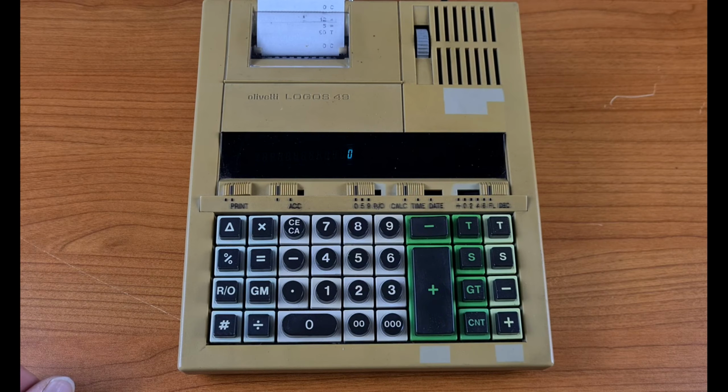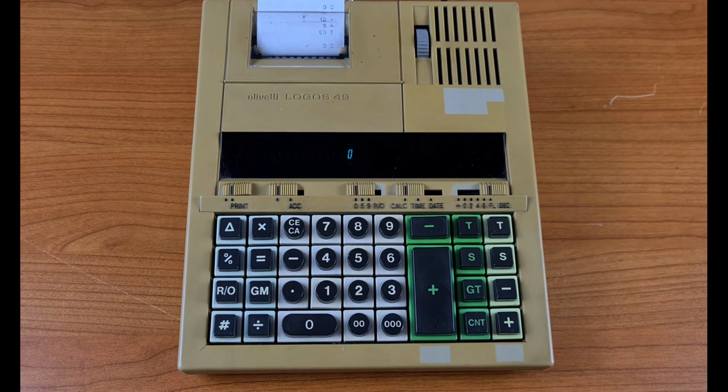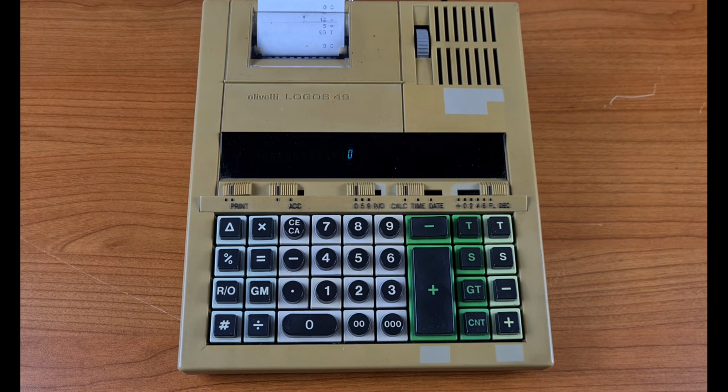One of these is a multiplication with a constant factor. Let's say you have a series of numbers and you have to multiply all these numbers by 19.25. Let's say this 13 by 19.25, 10 by 19.25, and 5 by 19.25.